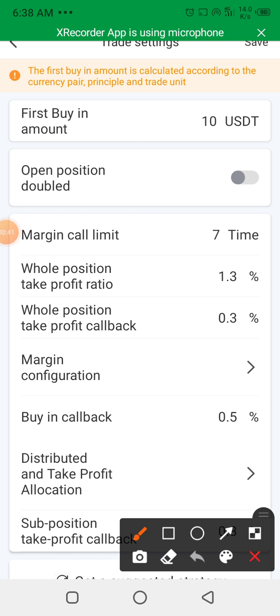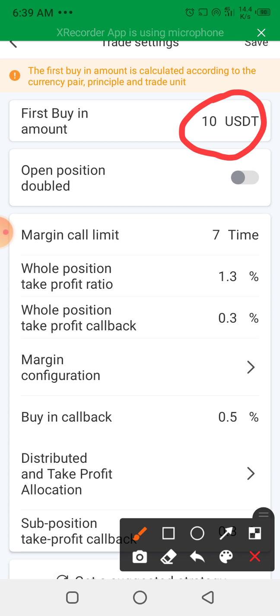First, buy-in amount. What it means is that after this setting, when you click start, the quantity of USDT the system will carry is 10 USDT, and subsequently it will carry multiples of 10 as you indicate.